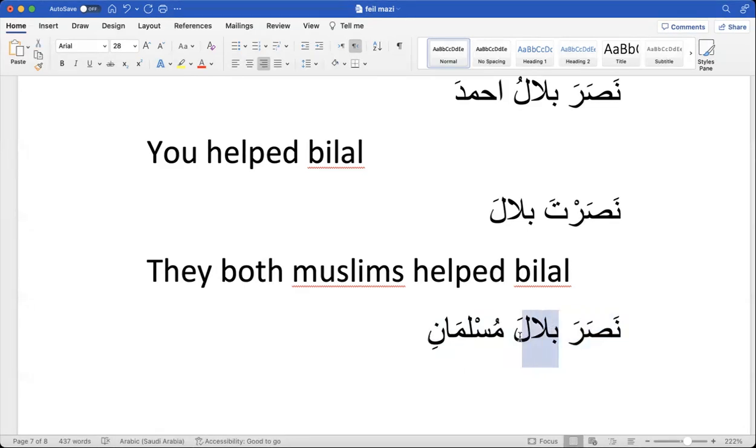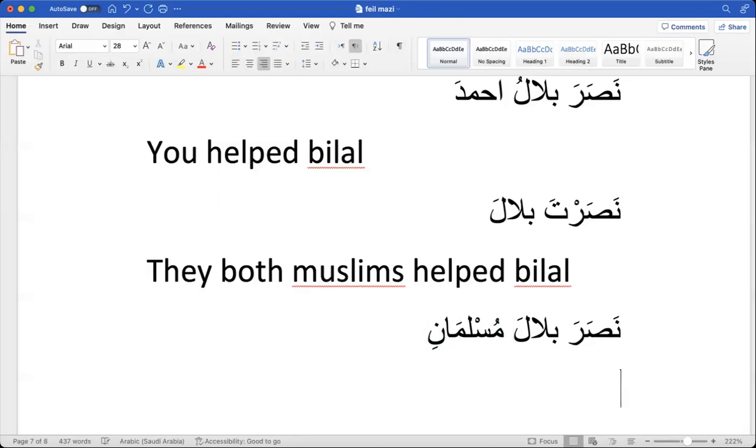If you find an ism somewhere after this nasara, which is marfu, you should stop and realize that this is an outside doer, so that from there you will translate. For example, Muslimani is marfu, so this is a doer, fail. So you will start from here. You will say the two Muslims, then you will say helped, and Bilal comes afterwards.